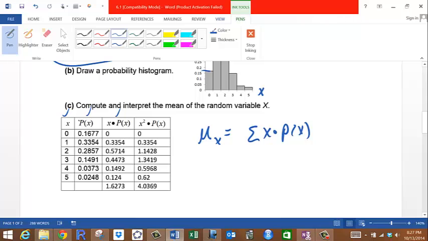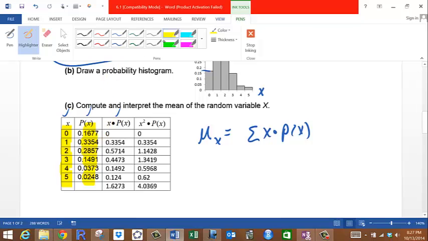All right, so we started out with this probability distribution here, x and p of x, which is given above, and all we're going to do to get the mean is take x times p of x. Then 1 times 0.3354, 2 times 0.2857, 3 times 0.1491 is 0.4473, 4 times 0.0373, and then 5 times 0.0248 is 0.124.